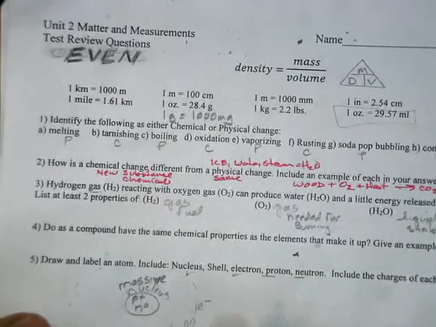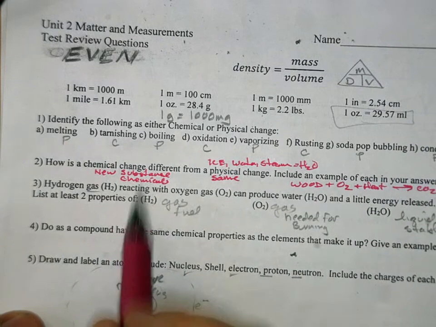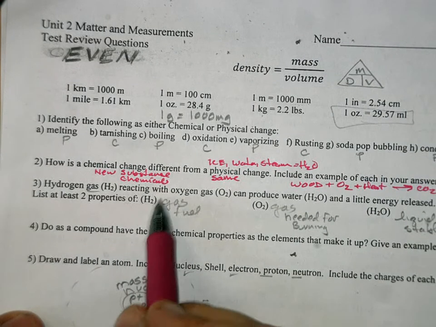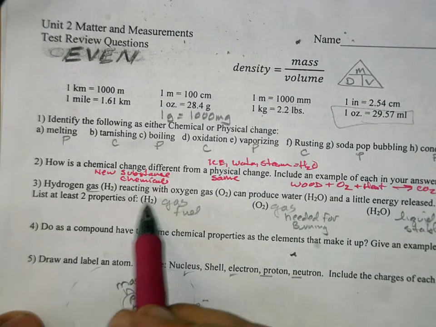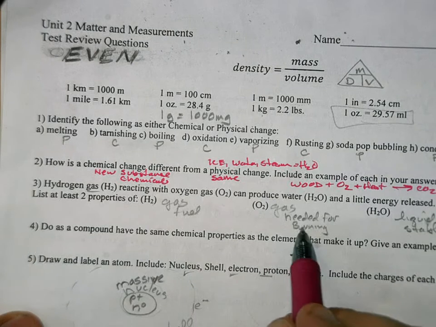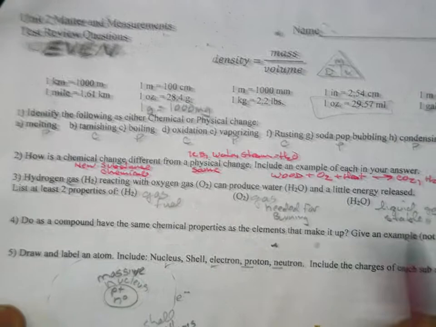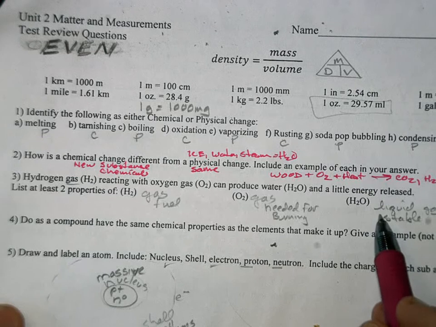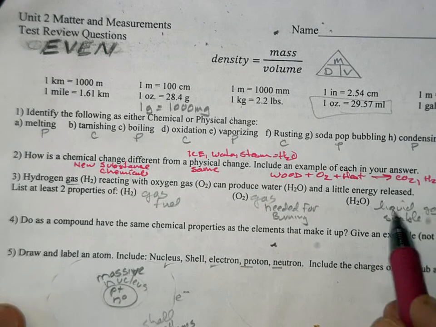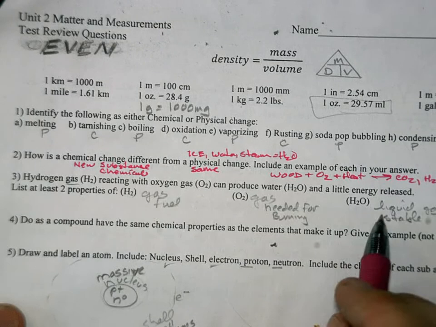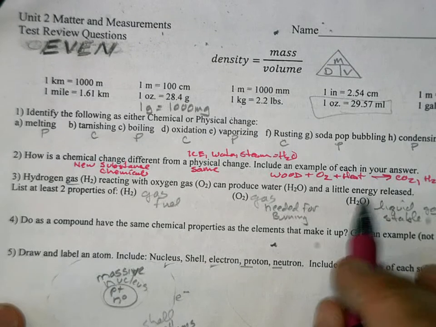Well, let's look back to the problem we had earlier. We had gaseous, burnable hydrogen. We had gaseous oxygen that is needed for burning, and then we had the compound that those two formed into, being very stable and a liquid. So very different chemical characteristics.